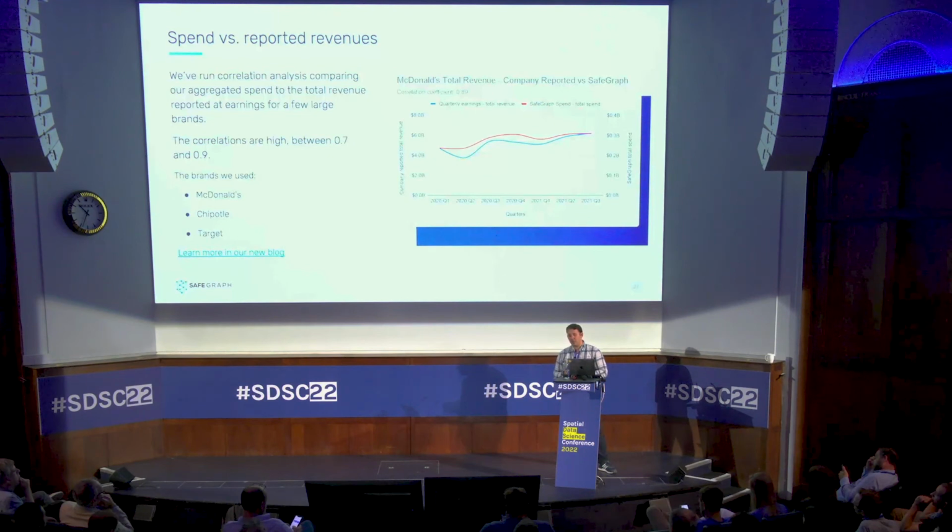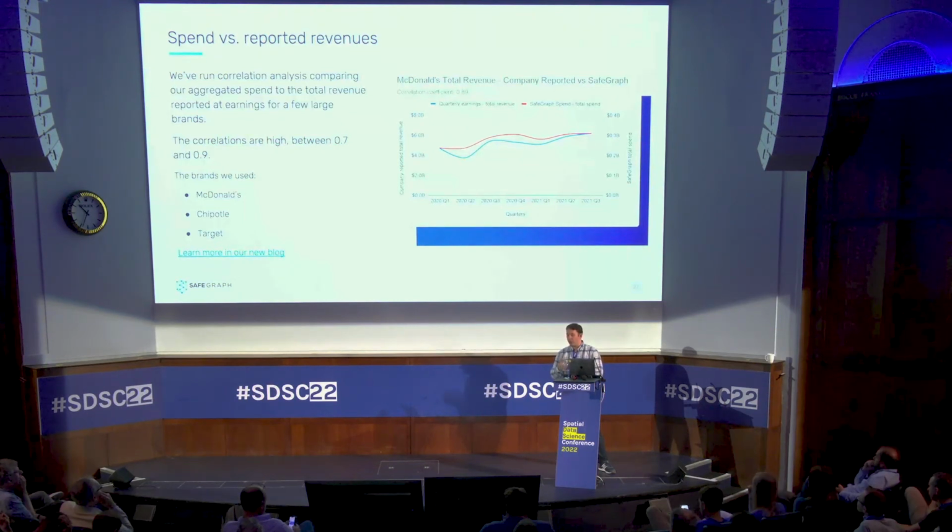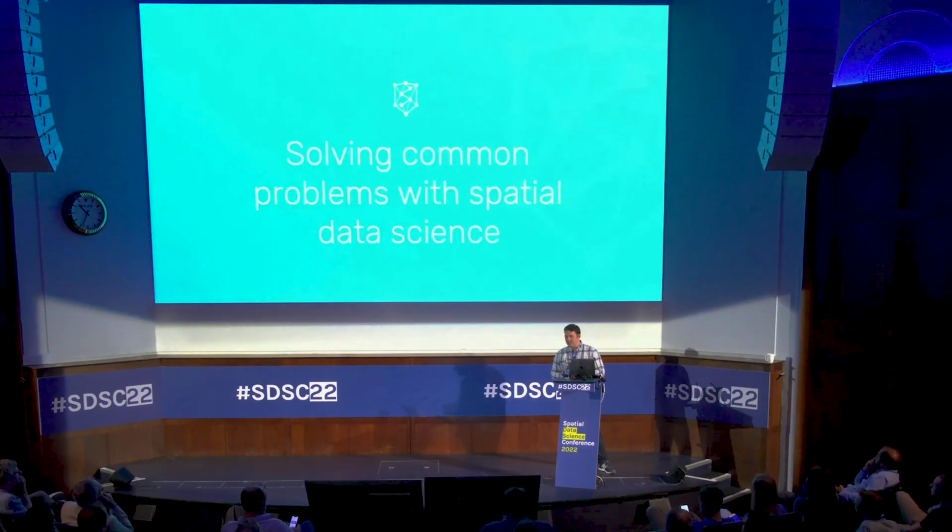So if you have the capability to roll these up to a summation and aggregate across an entire brand, this is one of the ways that we think about validation from a consumer spending perspective. But we found this to be fairly useful for our use cases.